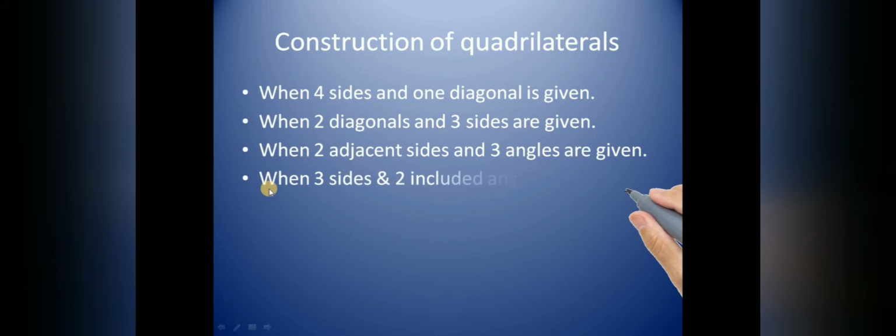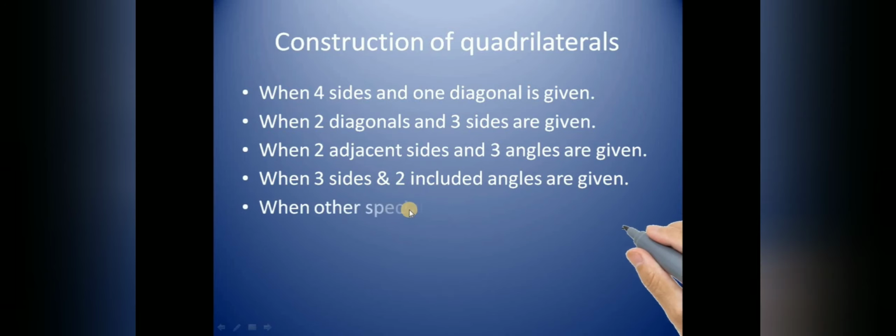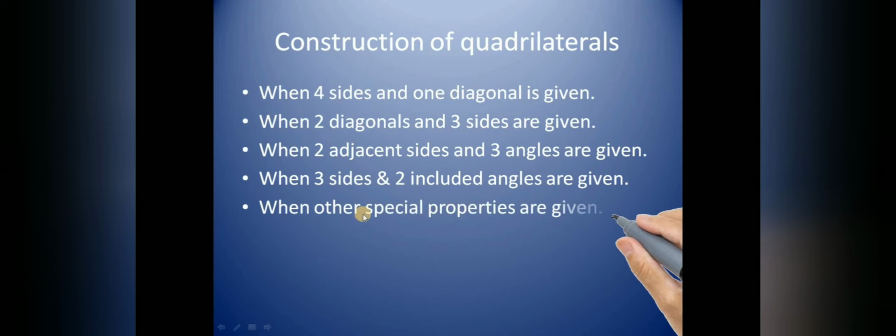The fourth method is when three sides and two included angles are given. And the fifth one is when other special properties are given. By using these methods we are going to construct the quadrilaterals.